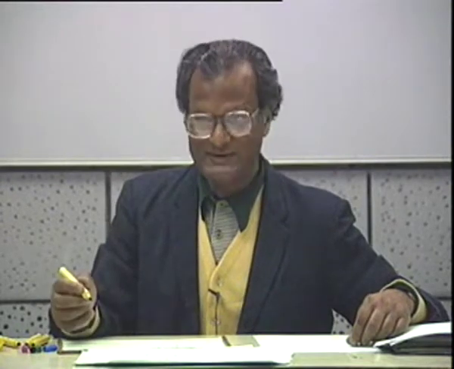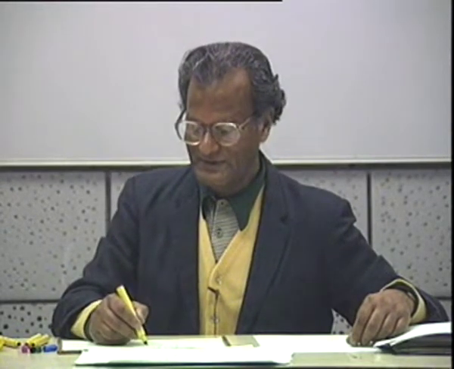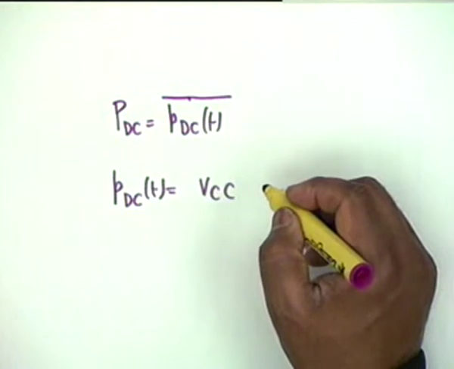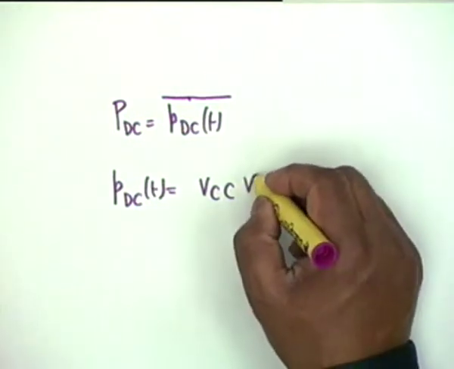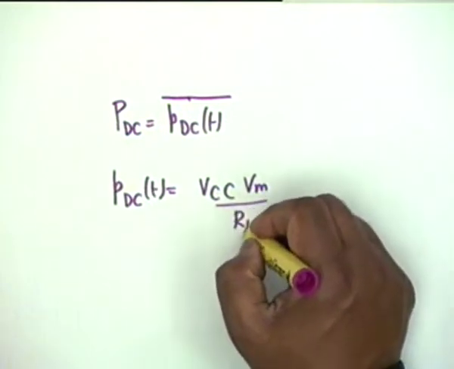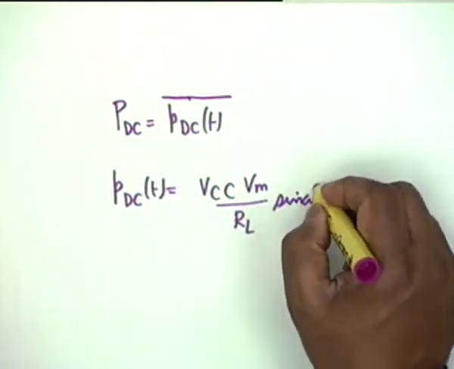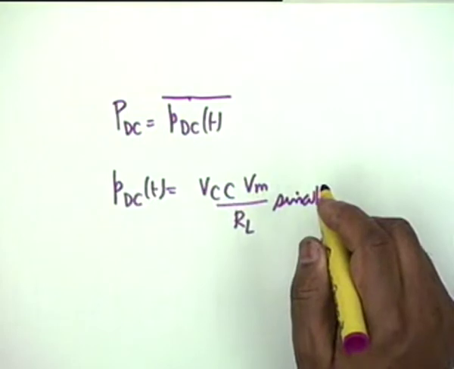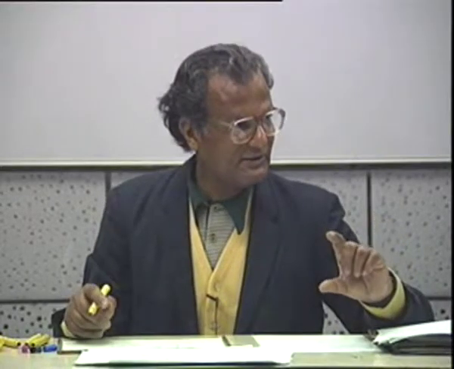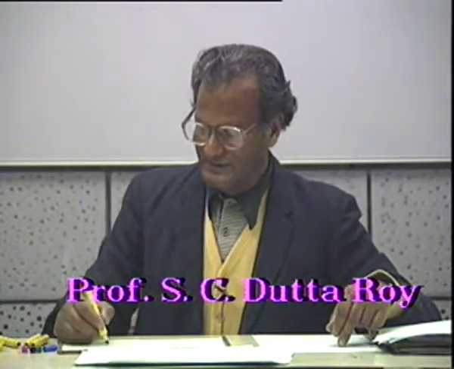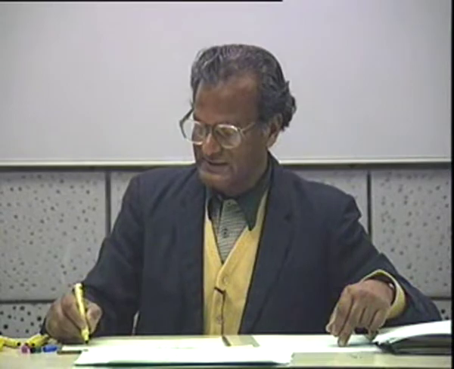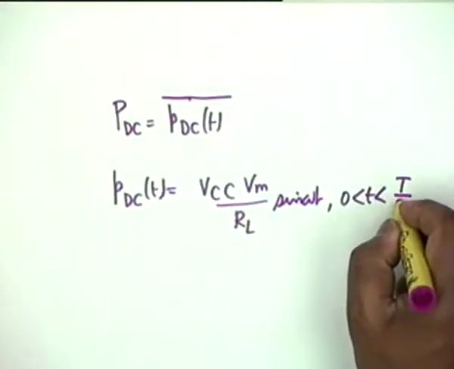What is small pDC? VCC multiplied by the load current, which is Vm by RL sine omega t. Is this point clear? When Q1 conducts, Q2 does not, the drop is VCC, and this is the load current, and this is for 0 less than t less than capital T by 2.